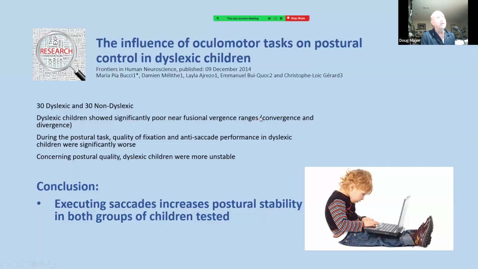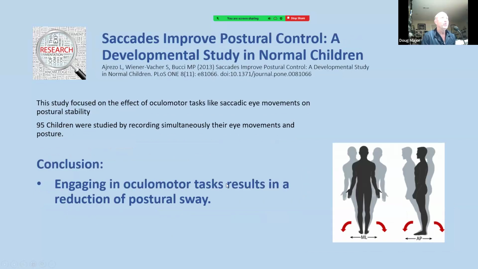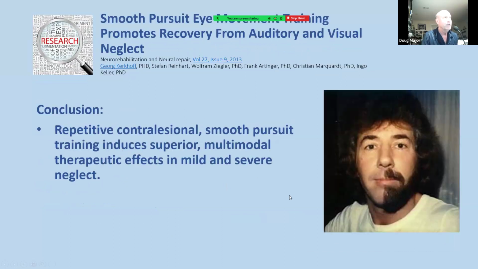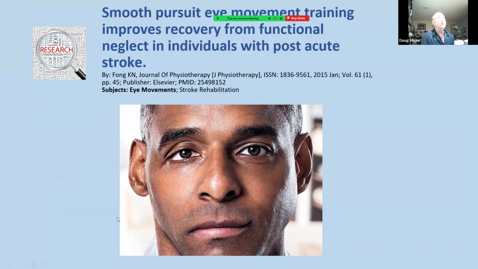Yes. Can an oculomotor task influence postural control in dyslexic children? Yes. Can you improve postural control in development? Yes, with saccades. Can smooth eye movements promote visual neglect correction? Yes. Can smooth eye movements help people with functional neglect post-stroke? Yes.